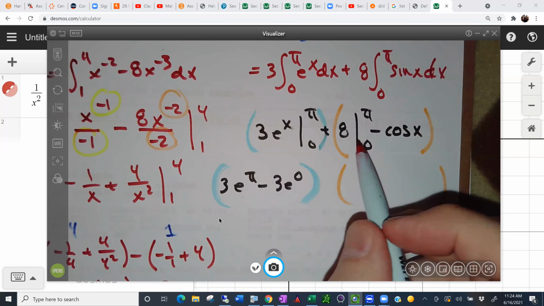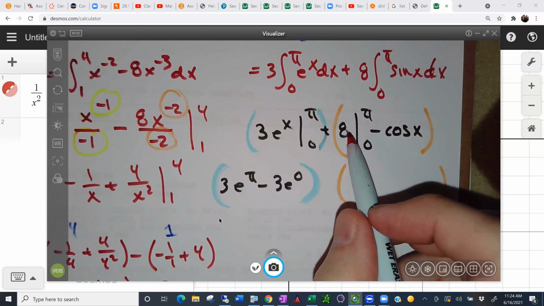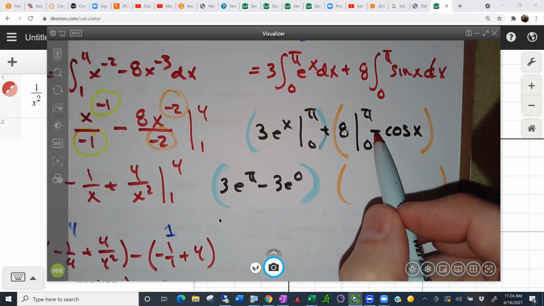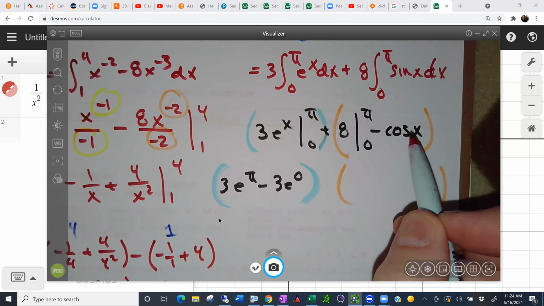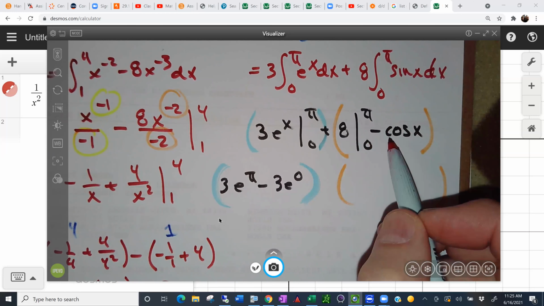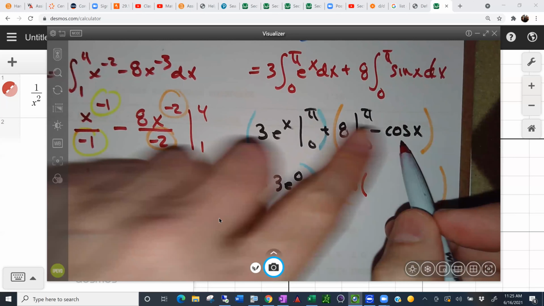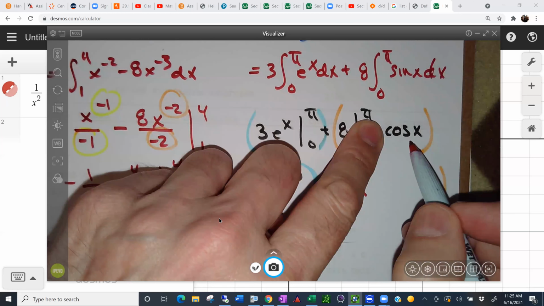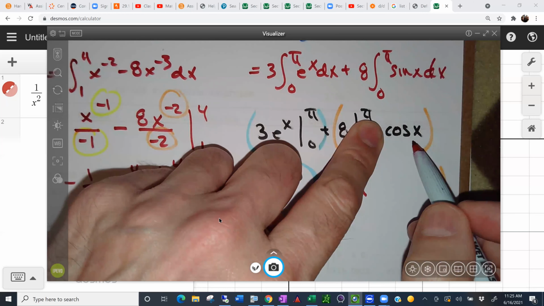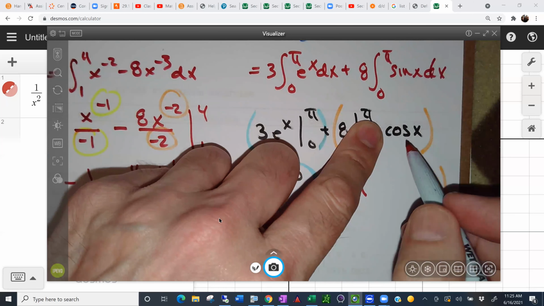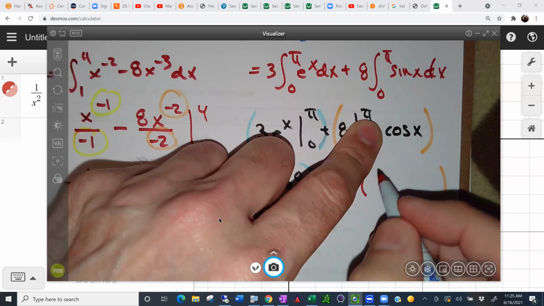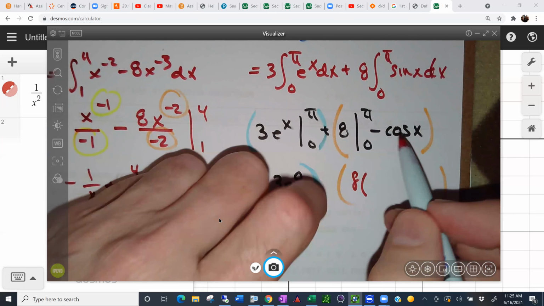So if I plug in pi, I get negative cosine of pi. What's the cosine of pi? Cosine of pi is going to be negative 1. Negative 1 times negative 1 gives me positive 1.